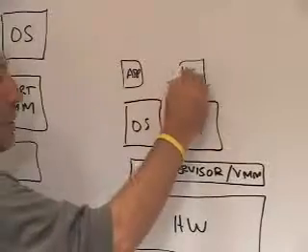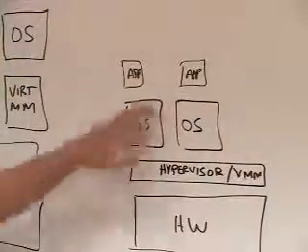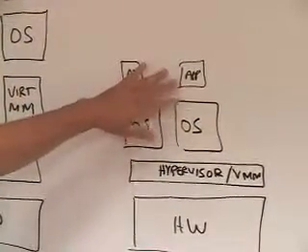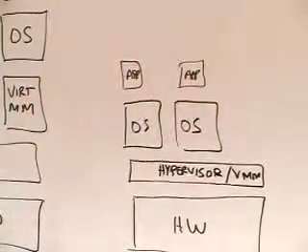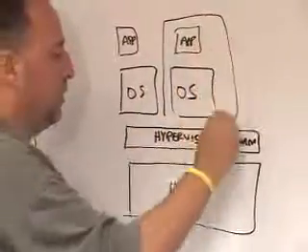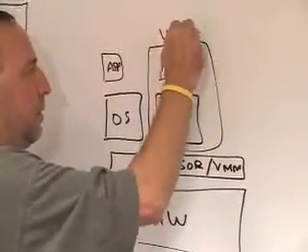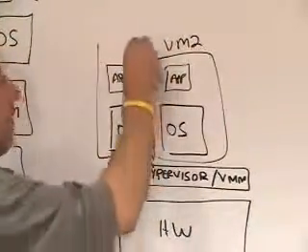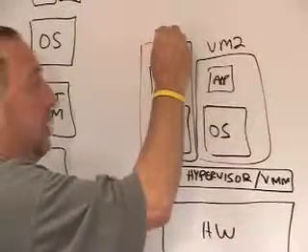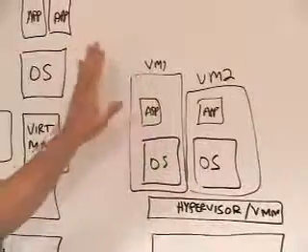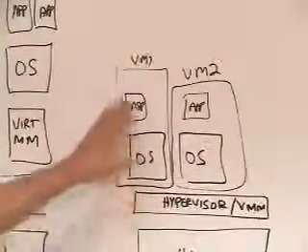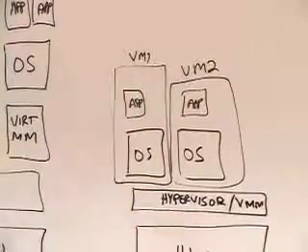In some cases, we talk about the application to OS binding almost being one-to-one, in which case each one of these virtual machines would appear almost as an appliance. You're plugging in an application-specific OS and application that sits on top of this.